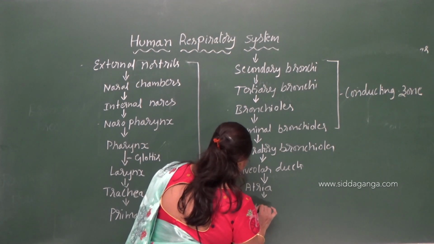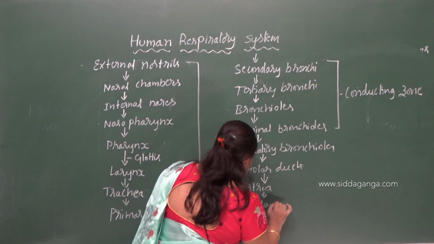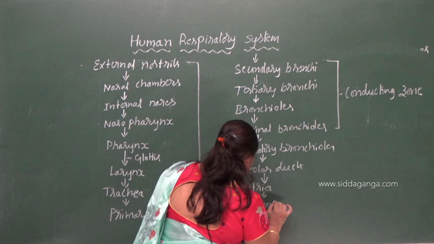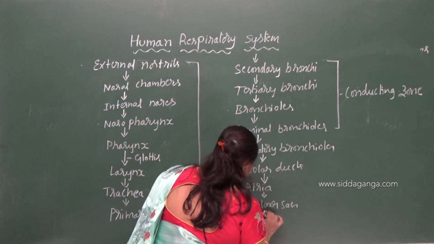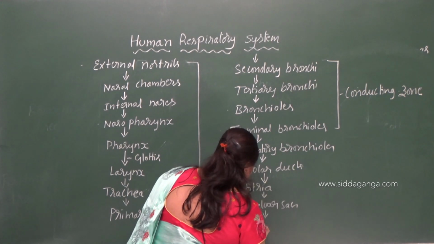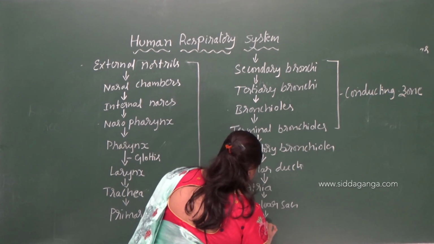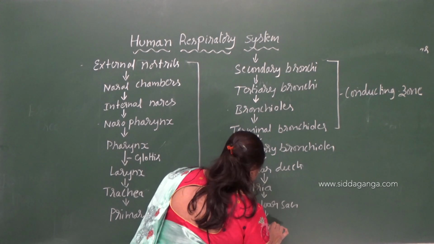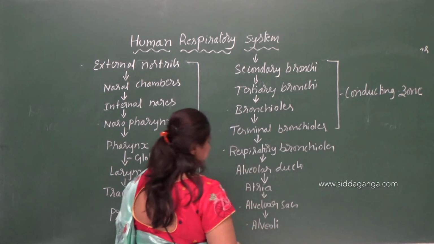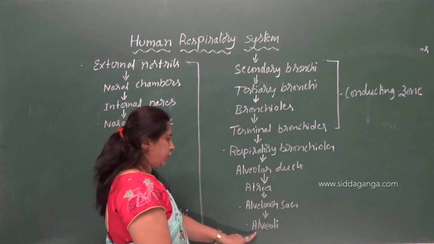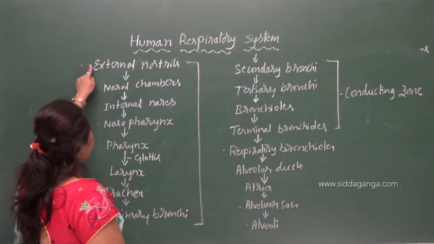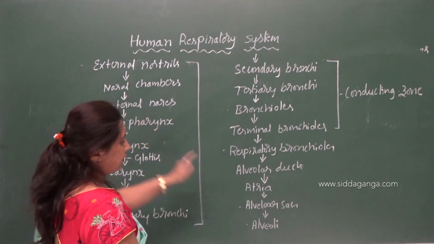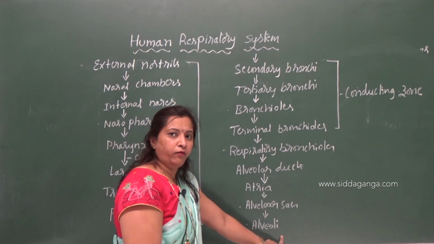Atria open into alveolar sac, and the alveolar sac finally opens to the alveoli. Okay. Sorry, I am saying this alveoli. So the respiratory tract begins with external nostrils and ends up in alveoli.